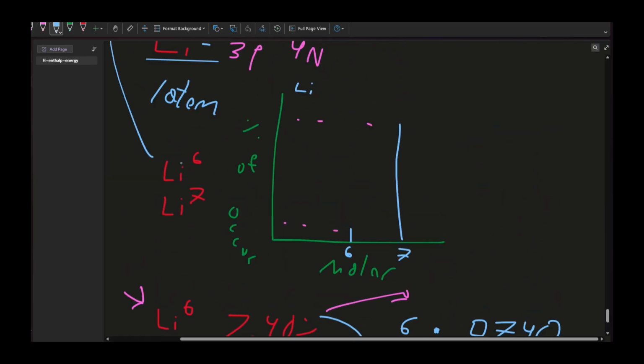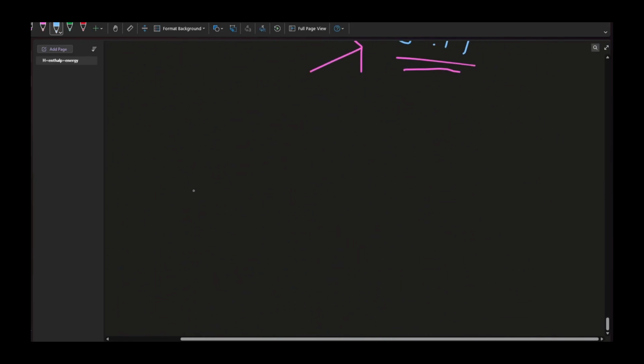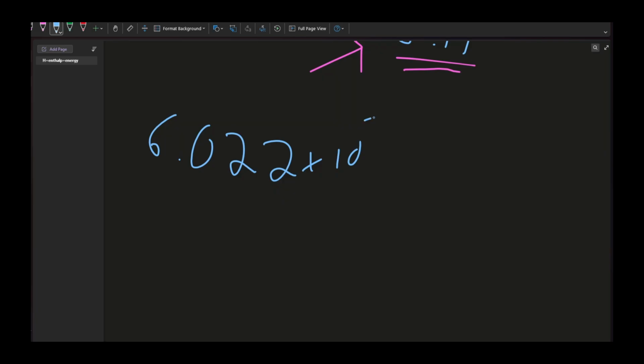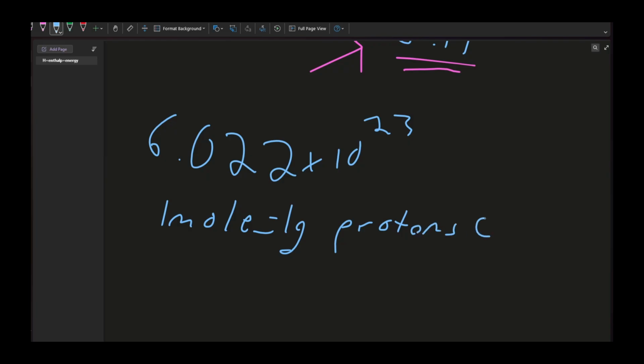So let's do a brief recap. The things you need to know. Avogadro's number is how we get our moles, and this is how many atoms exist in 1 mole, and 1 mole of protons equals 1 gram of protons and neutrons, I should say.